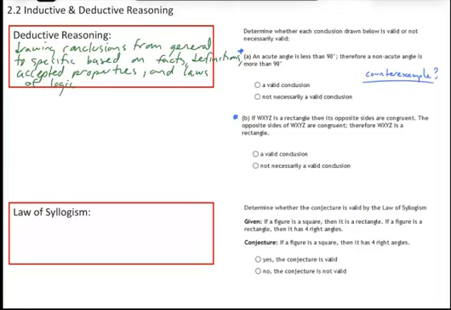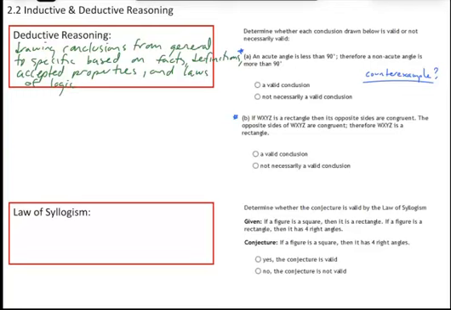So basically, when you're checking this, you're looking to see, can you find a counterexample to the conclusion being drawn here? An acute angle is less than 90 degrees, and that's a definition. That's something that is accepted as a justification. It says, therefore, a non-acute angle is more than 90. Well, if you can find a counterexample, then it's not necessarily a valid conclusion. If you can't find any counterexamples, then it is a valid conclusion.